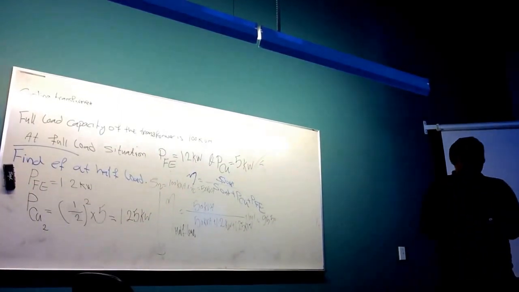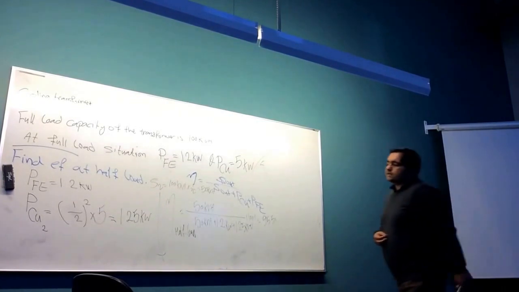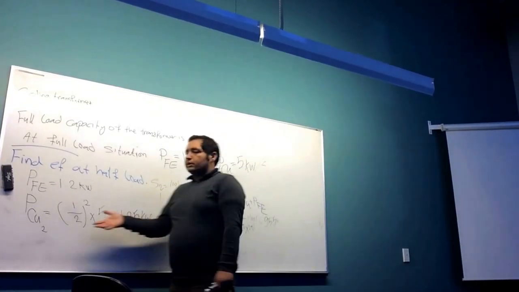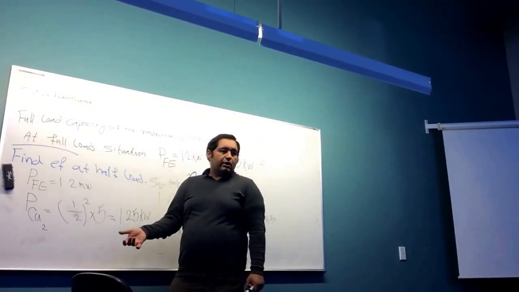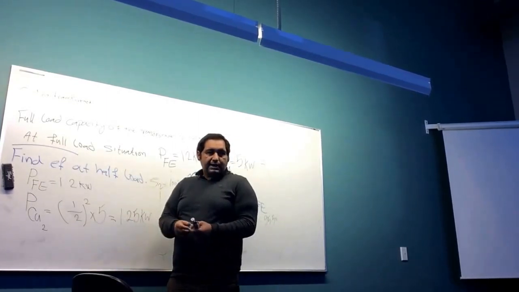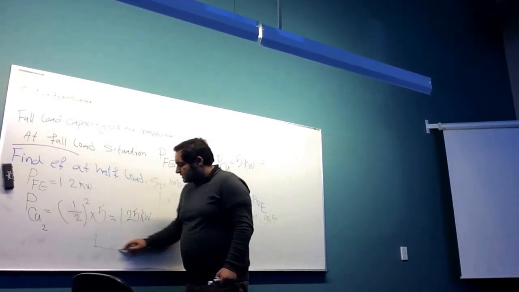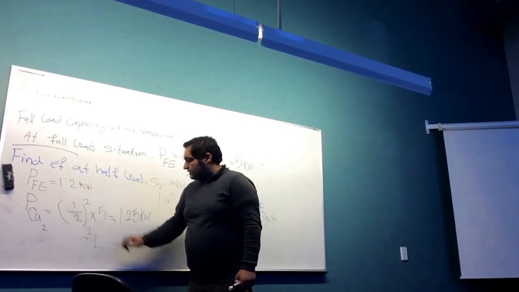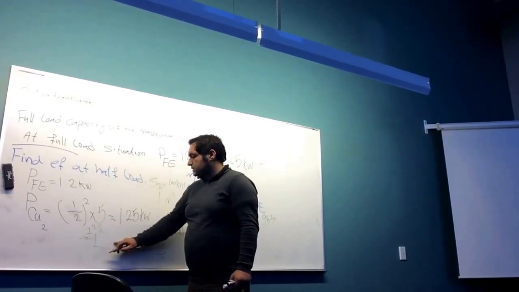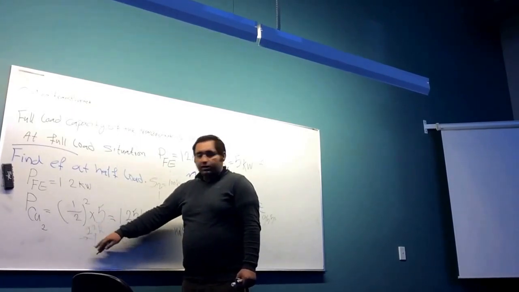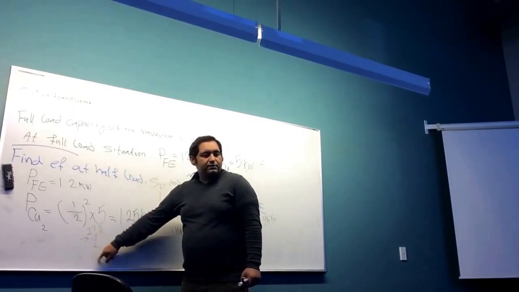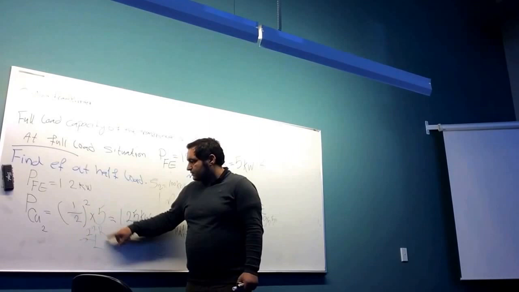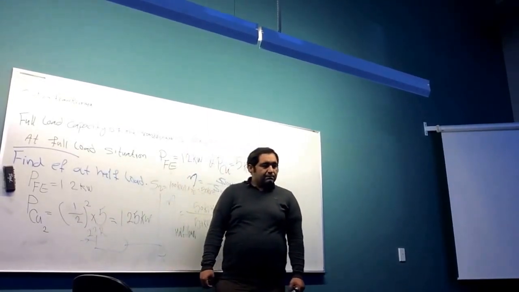Why do we square the half? Yes, because your load is now half. Your current is now half. It is series, right? So if your current is half, then for I squared R losses, your R is fixed, the I squared R losses are going to be half squared, right?